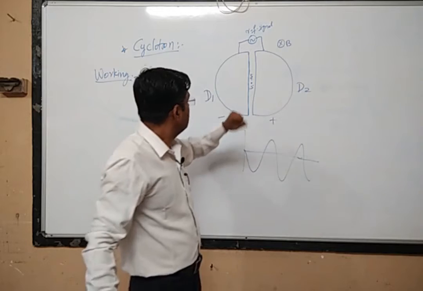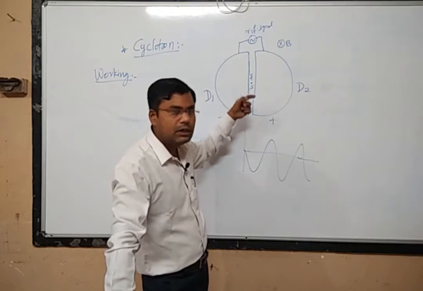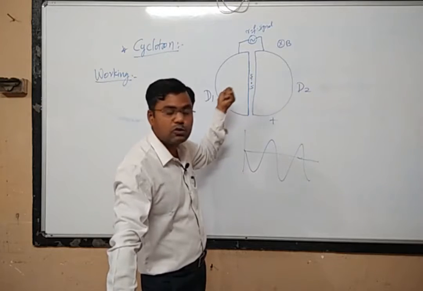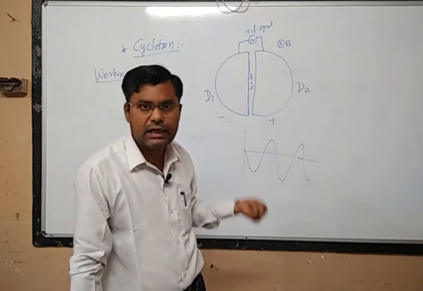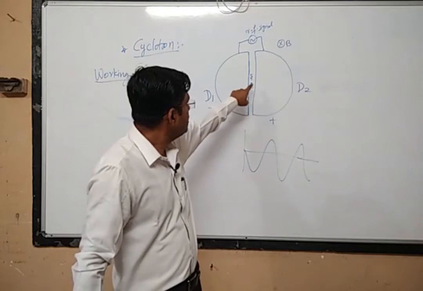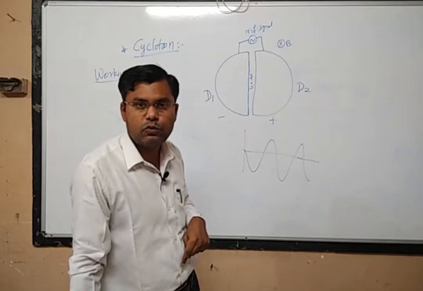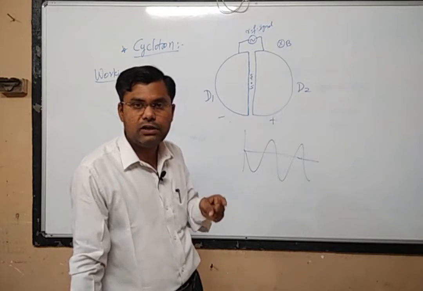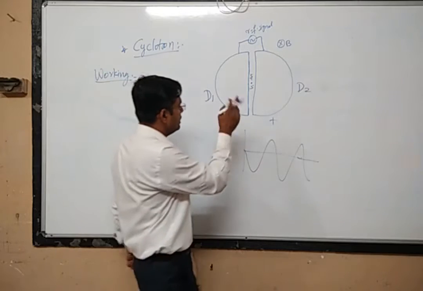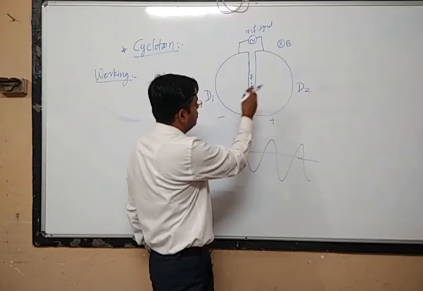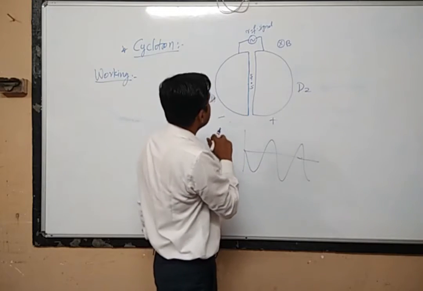But as soon as the electric field on D1 attracts the charged particle, it is set into straight line motion. Once it is in motion, the magnetic force acts and bends the particle into circular motion. So in conclusion, the charged particle will follow a circular type of motion.